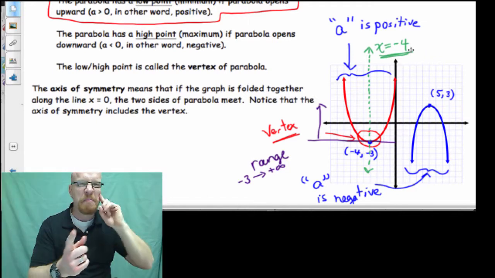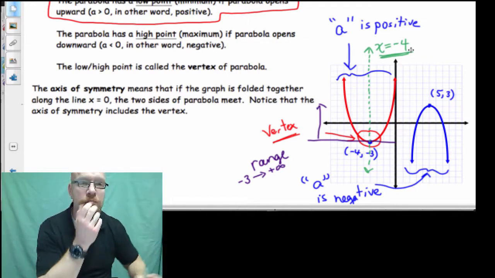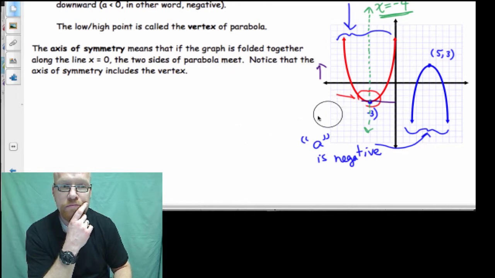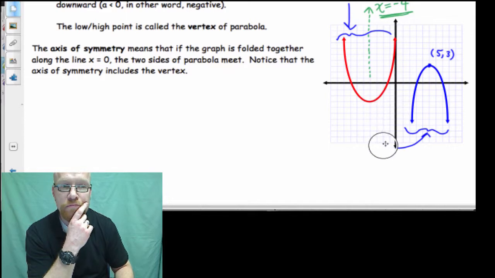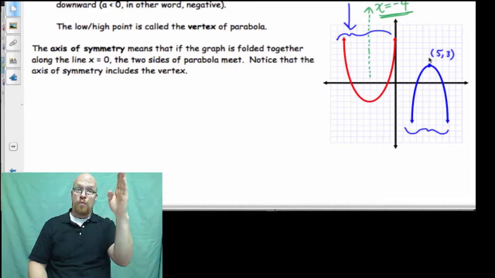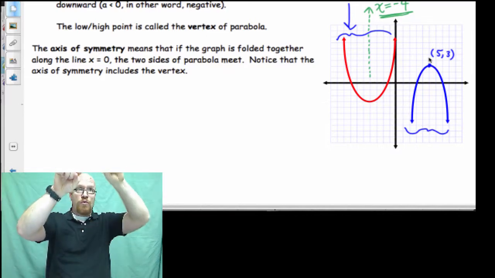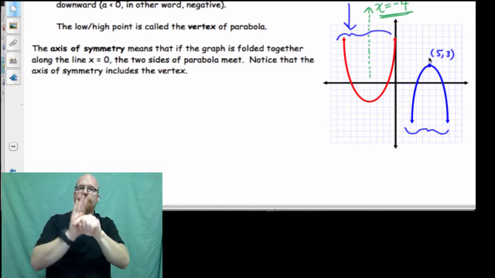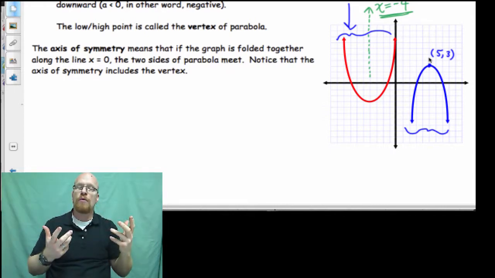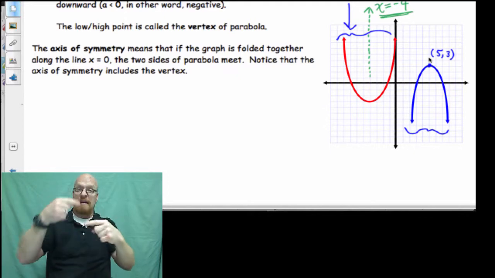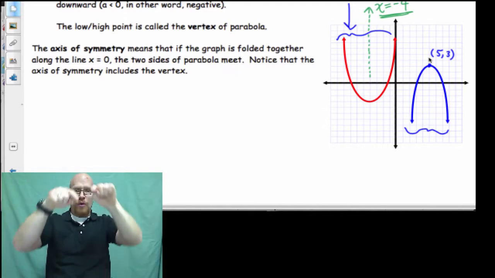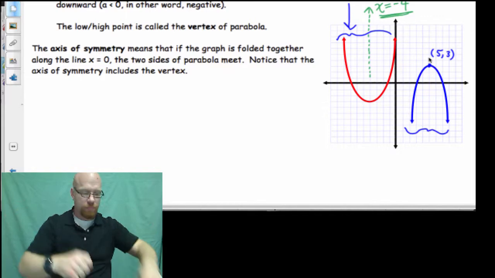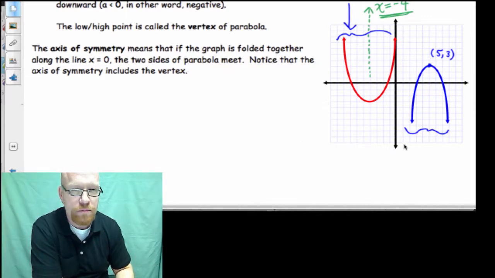Move on to the blue parabola. That's opening downward. Let me clean up our notation first. Now, the blue parabola is opening downward, and the a coefficient is actually negative for this one. Meaning, when a is negative, the parabola opens downward.